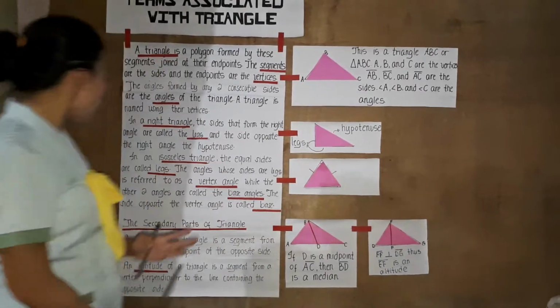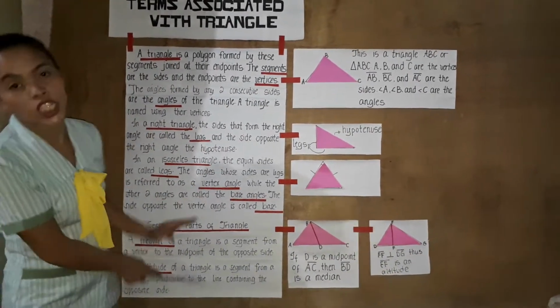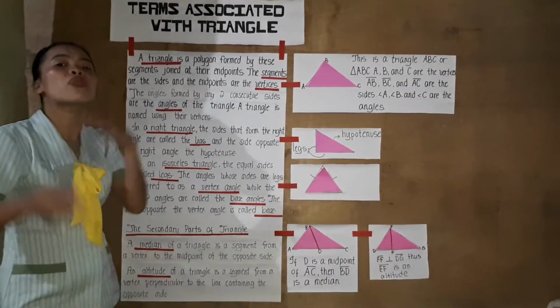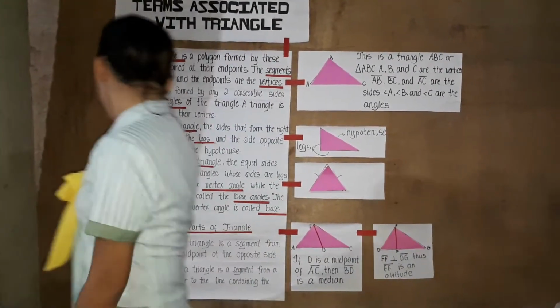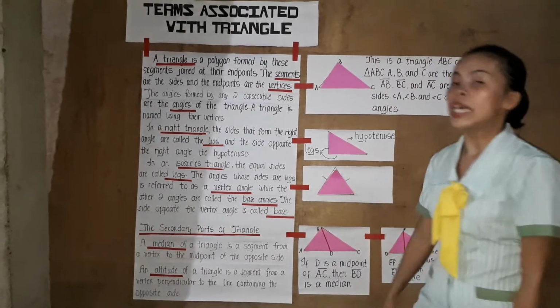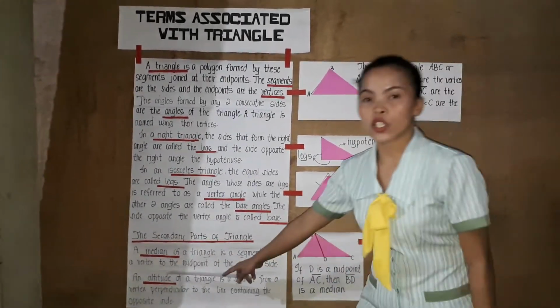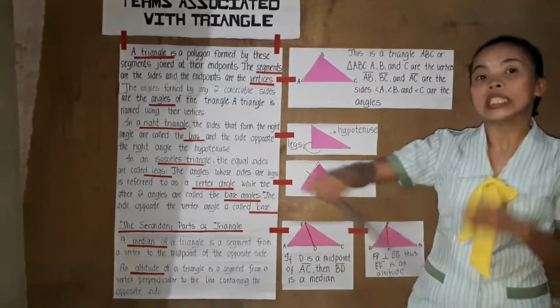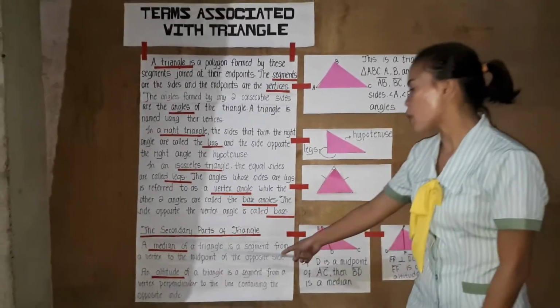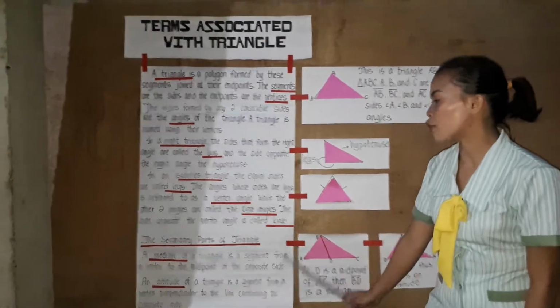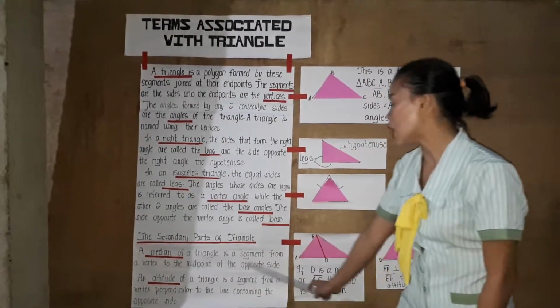So let's move on to the secondary parts of our triangle. So what are those secondary parts of a triangle? Okay, so we have here median and altitude. First we're going to discuss the median. A median of a triangle is a segment from a vertex to the midpoint of the opposite side.